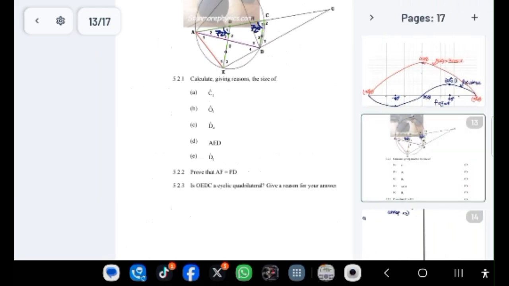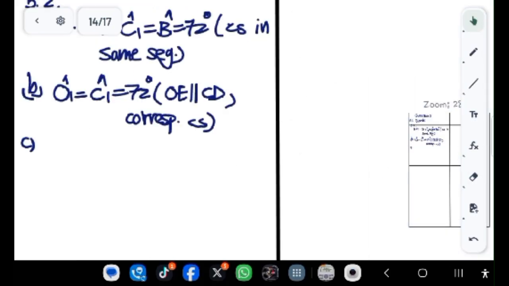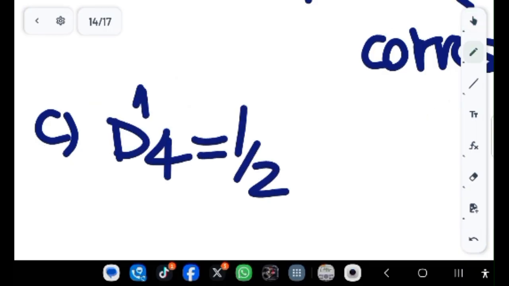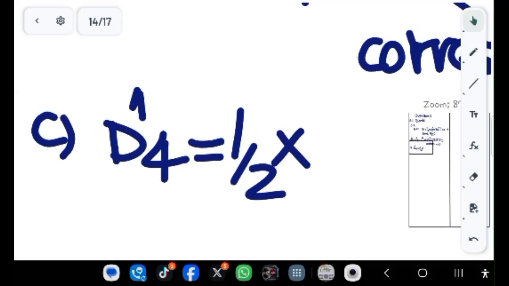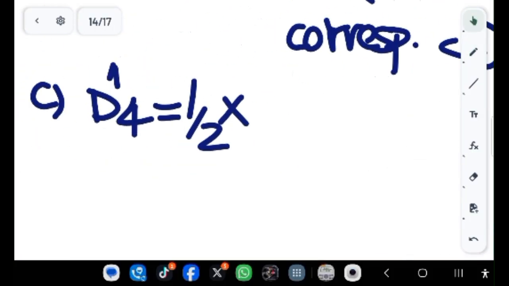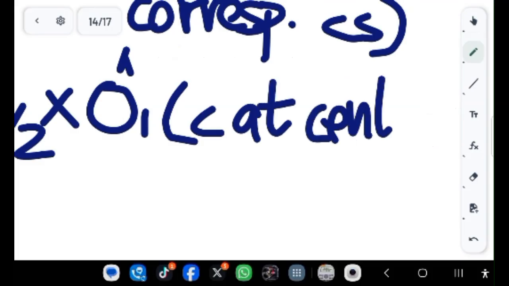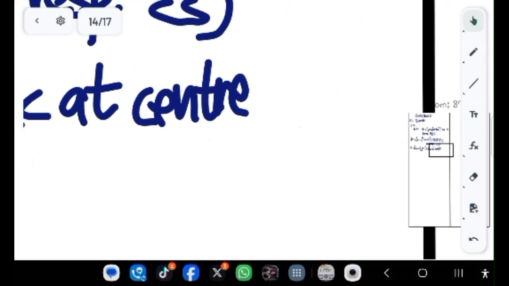Angle D4 equals half of angle O1, and the reason is angle at center equals twice angle at circumference.